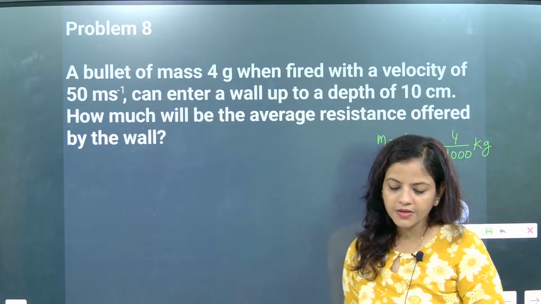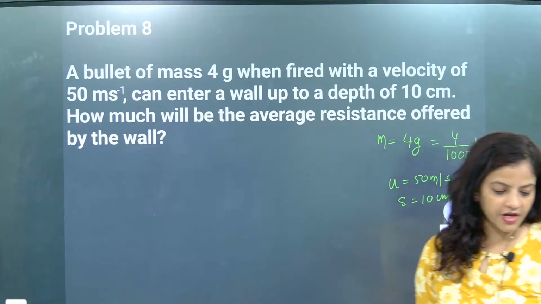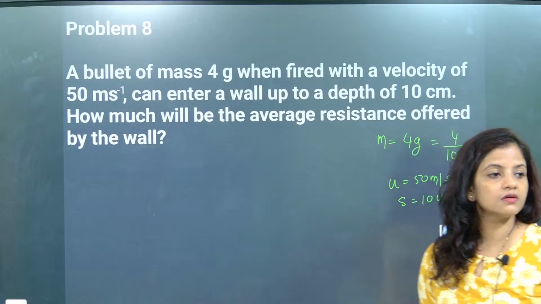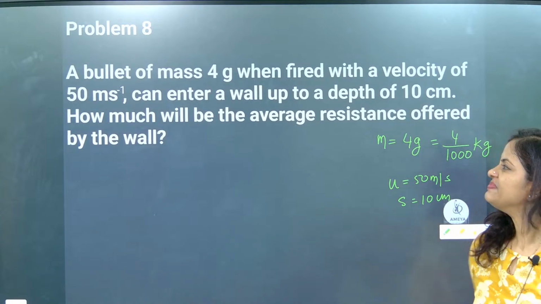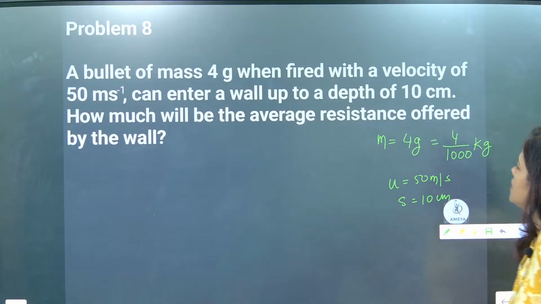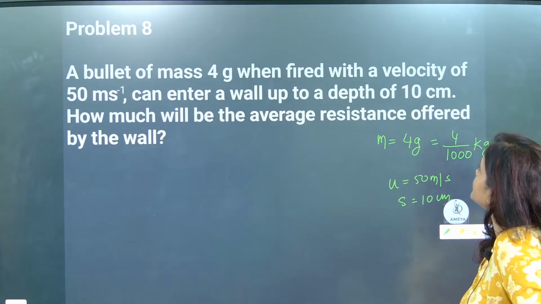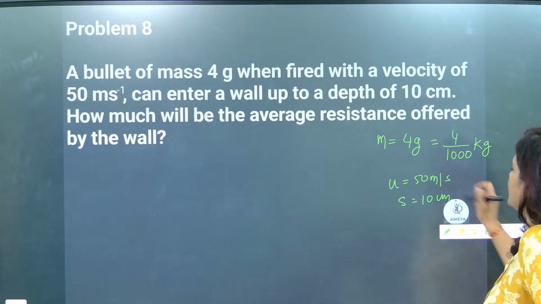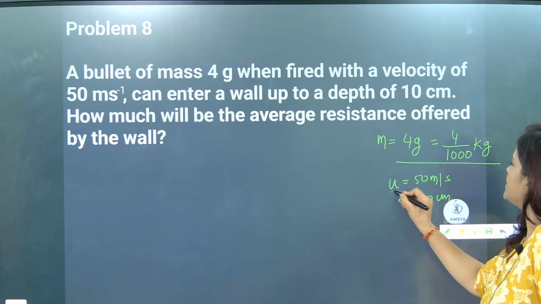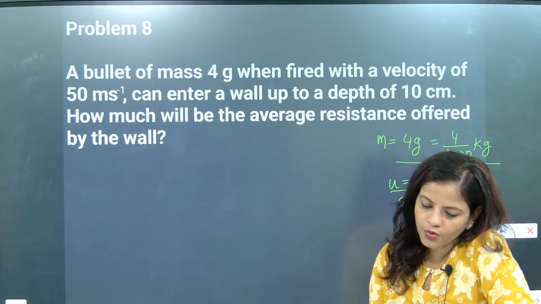No answer coming. Solve, I gave time here. Displacement is given. How much will be the average resistance offered by the wall? So first mass is given, u is given, and this is a momentum question.